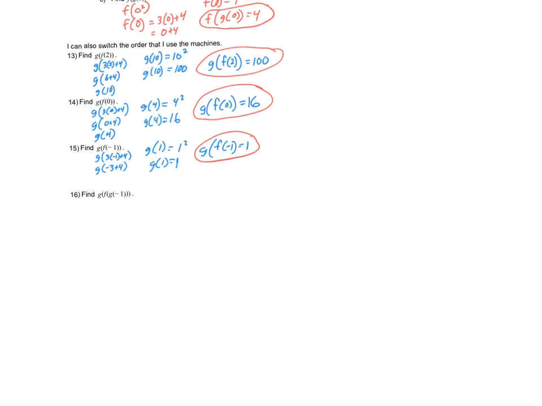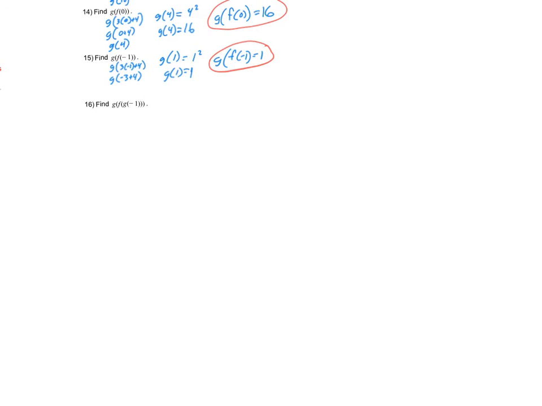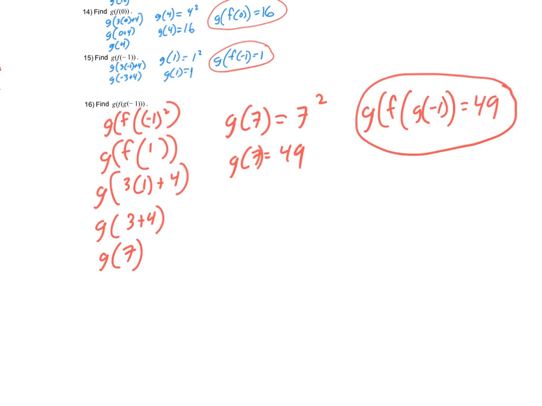Once you've figured those out, go ahead and try number 16 and see if you can get the right answer for that one. This time we're finding g of f of g of minus 1. Remember to start off with the one on the inside first, then finding f of that one, and then finding g of that answer. All right, so there is finding g of f of g of minus 1. We get the answer of 49.